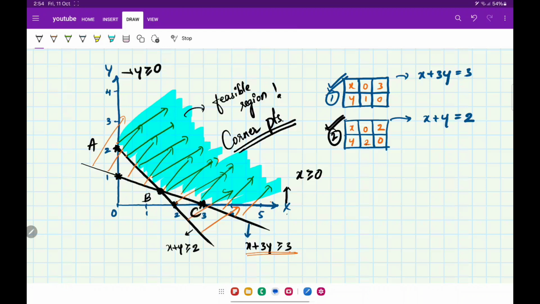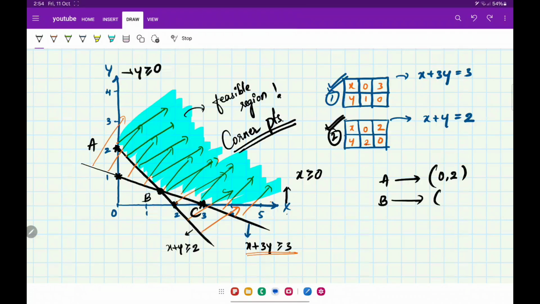which is C. So what are the coordinates of the point A? Point A has the coordinates 0, 2. For point B, you can observe the coordinates from the graph.